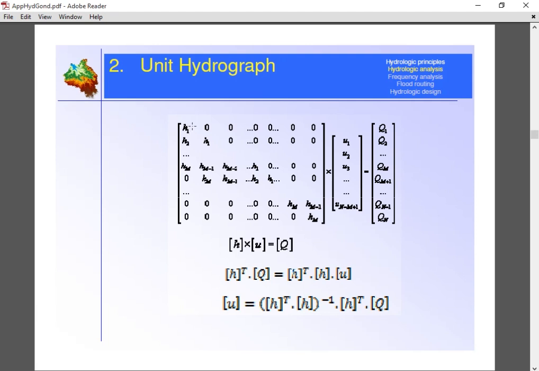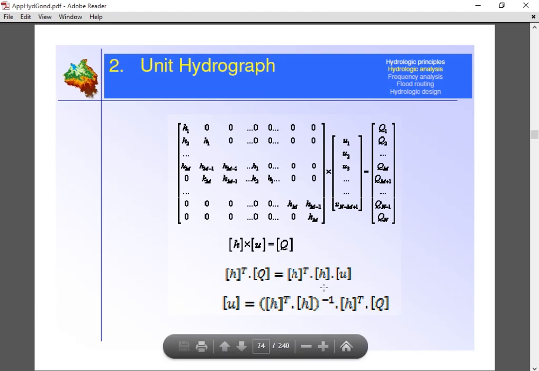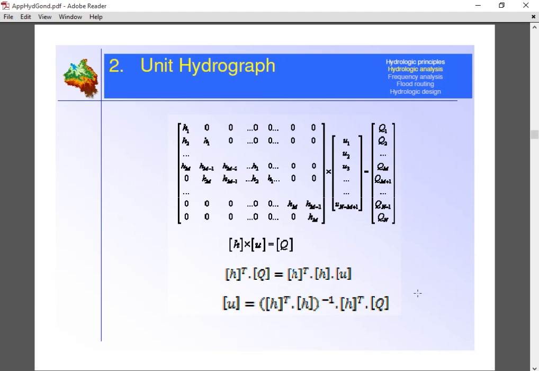We may have a 3 by 3 matrix, or a 10 by 1 matrix and the like. So you should know how to multiply a matrix, how to transpose a matrix, how to determine the inverse of a matrix, and the like.